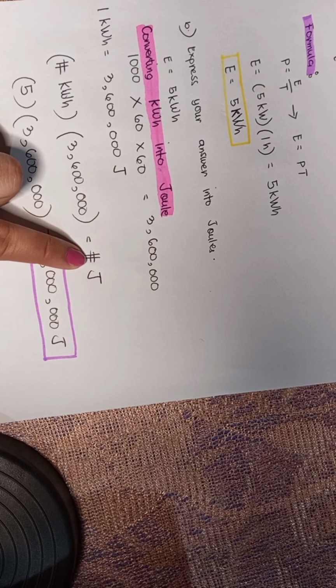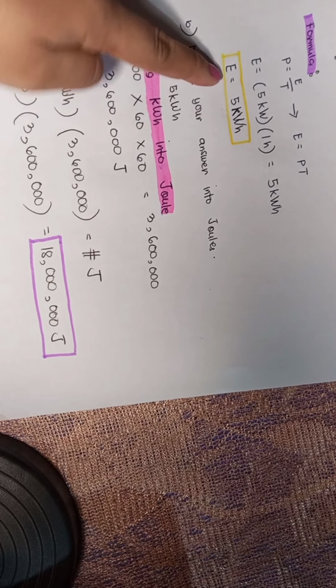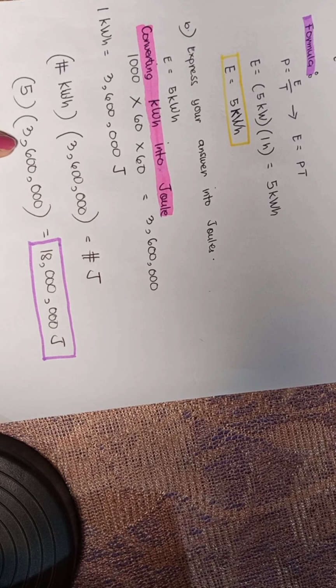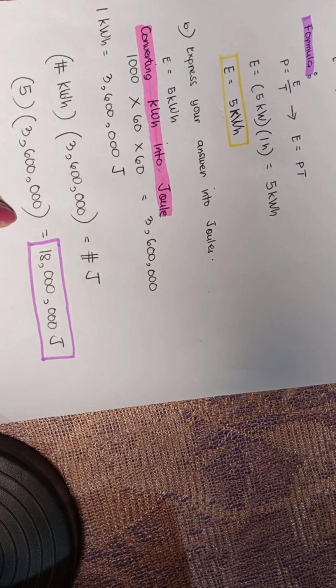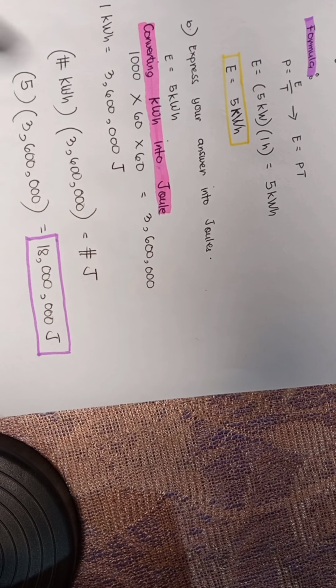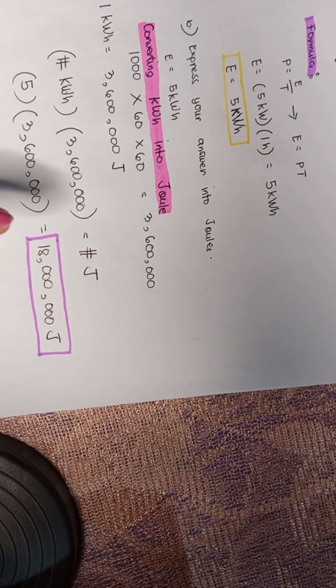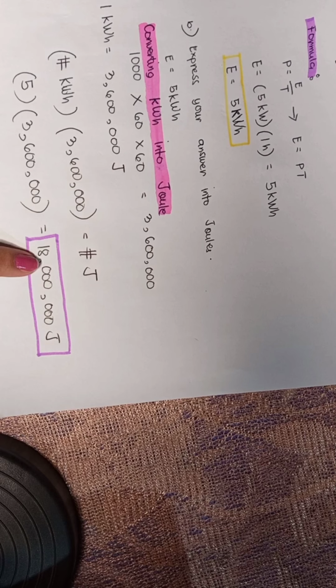So since the energy is 5 kilowatt hours, our answer in letter A, we will use the 5 kilowatt hour and multiply it by 3,600,000. The answer is 5 times 3,600,000 is equal to 18 million joules.